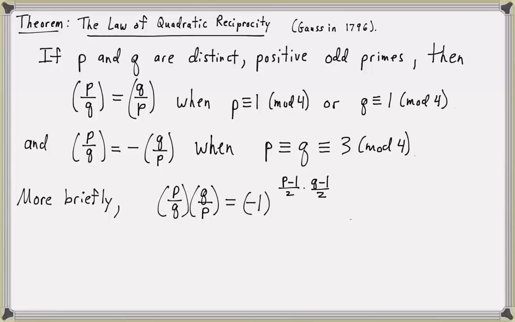So as I mentioned, Gauss first proved this theorem in 1796, and it took him a whole year of his life to come up with a proof. The proof, as you may guess, is quite involved, and so I'm not going to present the proof of this theorem. However, if you want to see the proof, you can look in LeVeque's book on pages 101 through 105.